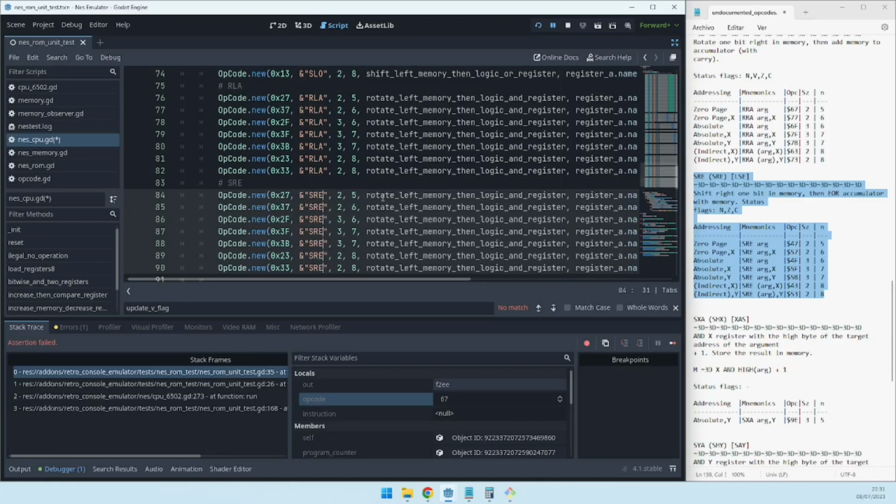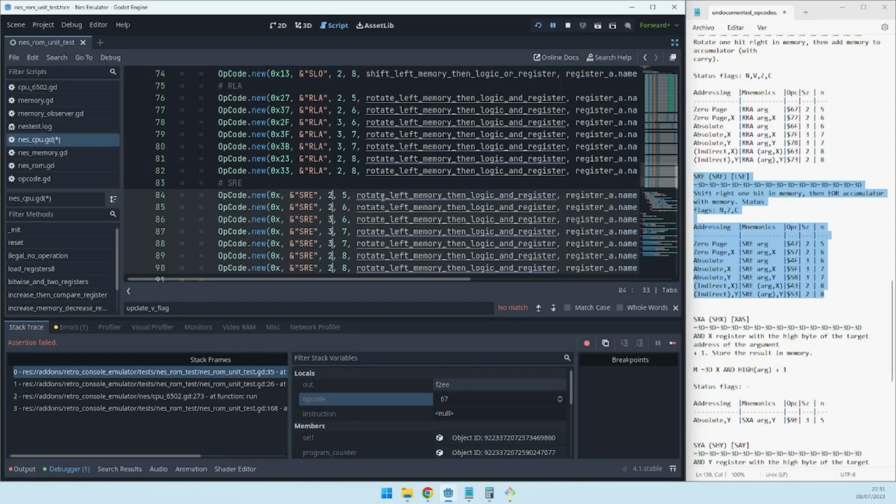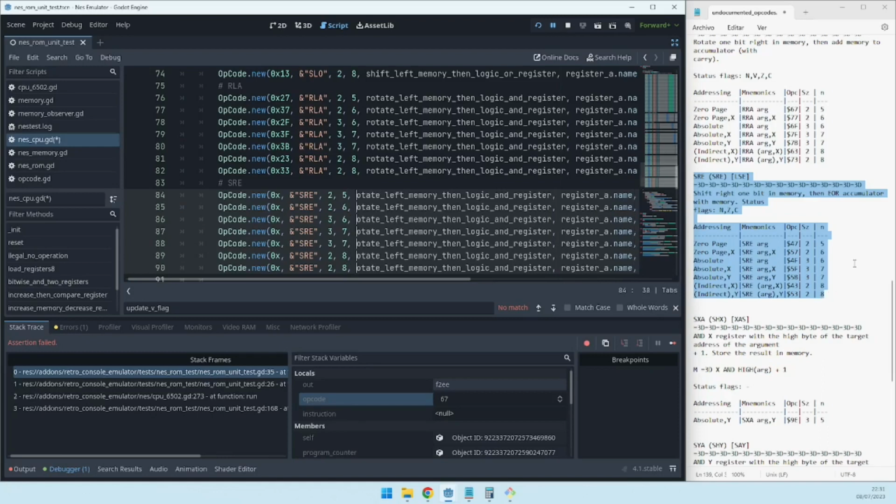Let's delete the opcode, and the size is the same: 2, 2, 3, 3, 3, 2, 2. The number of cycles is the same: 5, 6, 6, 7, 7, 8, 8.